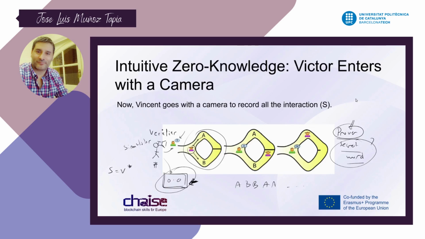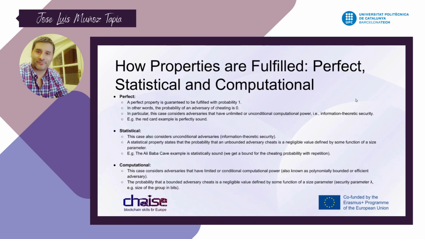These are general concepts of zero knowledge systems. Here is some more technical stuff; maybe we can just mention it. All the properties, the completeness, the soundness, and the zero knowledge, can be fulfilled in different ways.